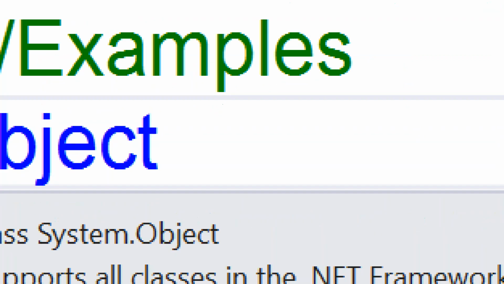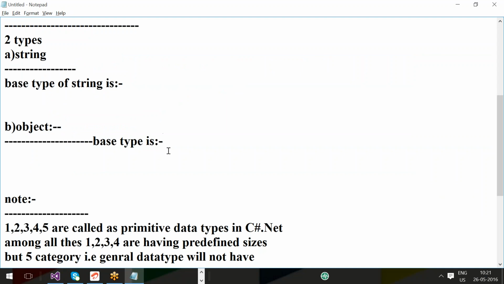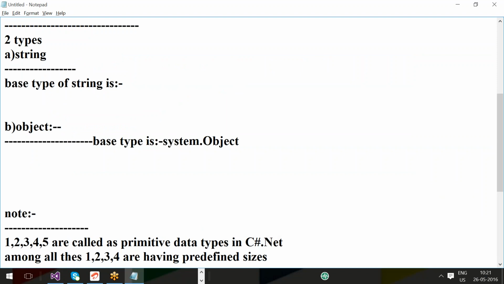The O is capital. System.Object is the base type.